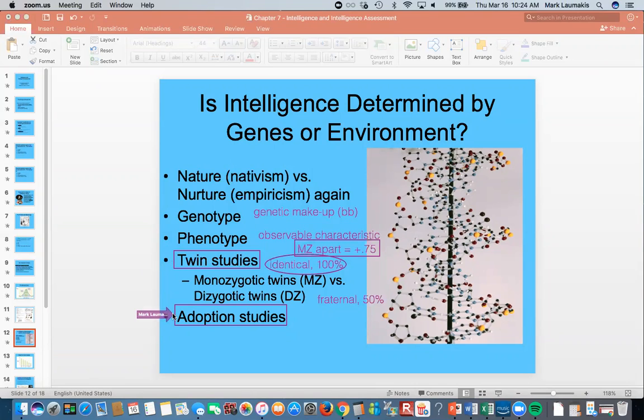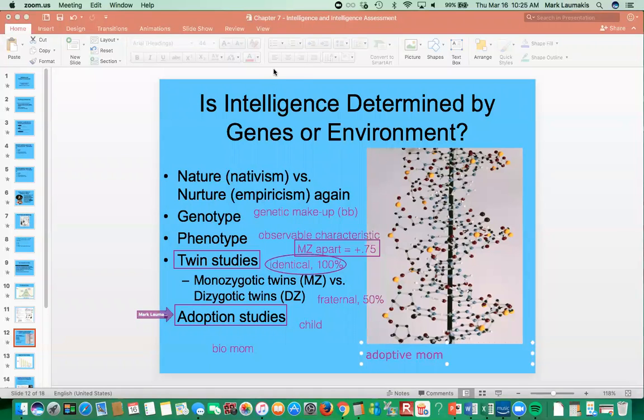Let me give you the logic of adoption studies here. This is actually, I think, even a little bit simpler. What we do with adoption studies is we take a baby, take a child, and we compare that child's IQ scores to the IQ scores of their biological mom and to their adoptive mom. Okay?